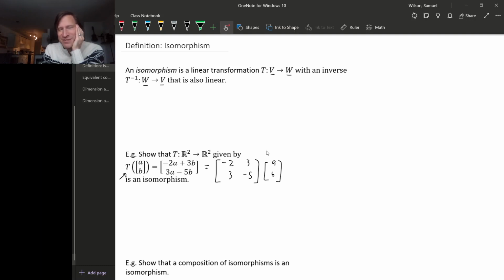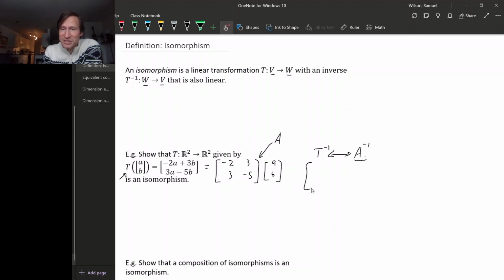If this linear transformation T is given by multiplication by a matrix, then T inverse ought to be given by the inverse of this matrix A, right? Stands to reason. Hopefully that's true if this inverse matrix exists, so let's compute this inverse matrix and see if it actually does exist.